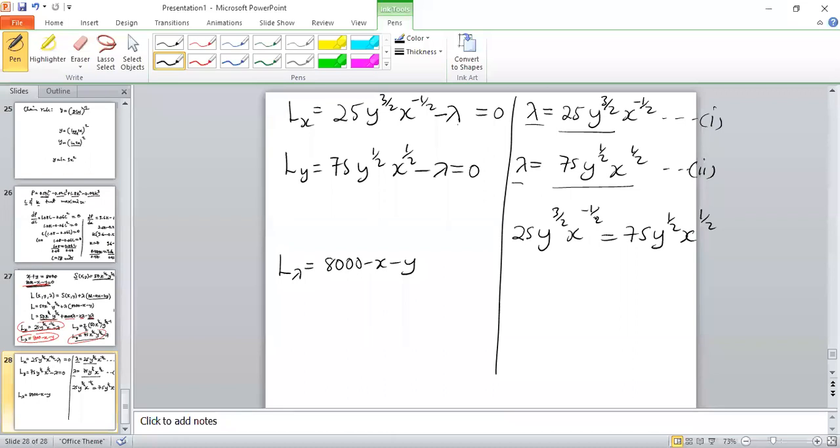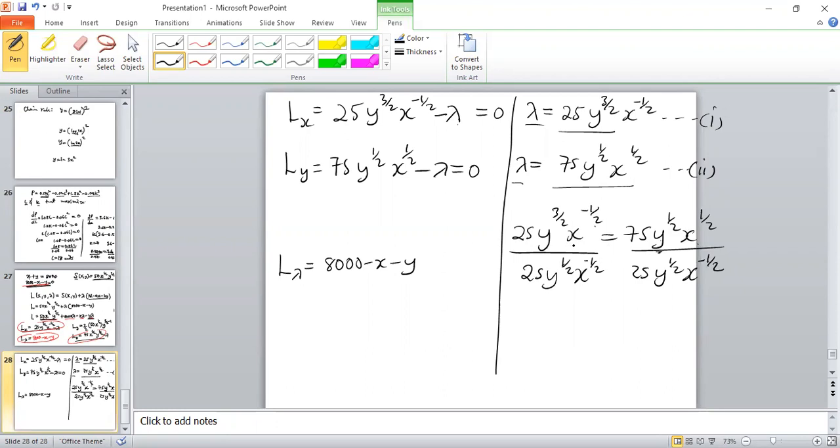In my humble opinion, I will divide through by 25 y to the power half, the y that is on this side. And for x, I'll divide with the x that is on this side, x to the power negative half, on both sides. So this can go, and this side, it's to the power negative half, so that this can go. It will be x to the power negative half.